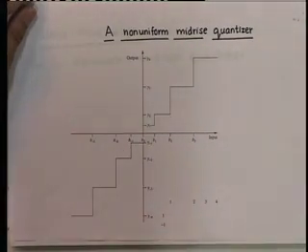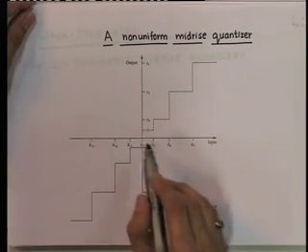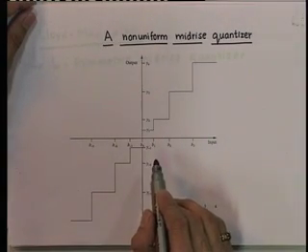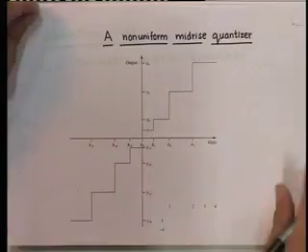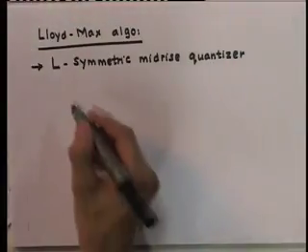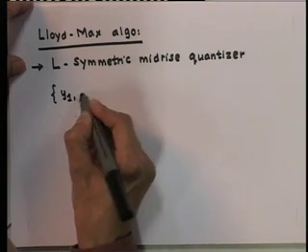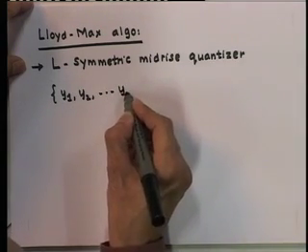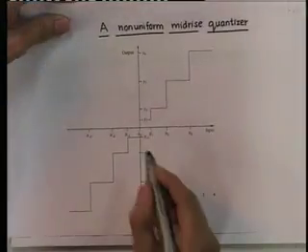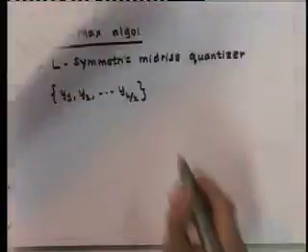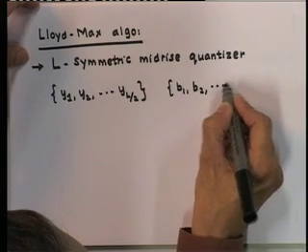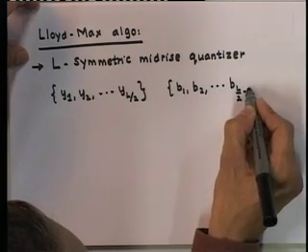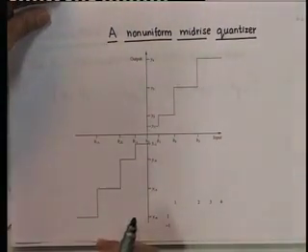From the figure, we observe that the design of this quantizer needs to obtain the reconstruction levels y1, y2 up to y L by 2, and the decision boundaries b1, b2 up to b L by 2 minus 1. The example here is for L equal to 8.